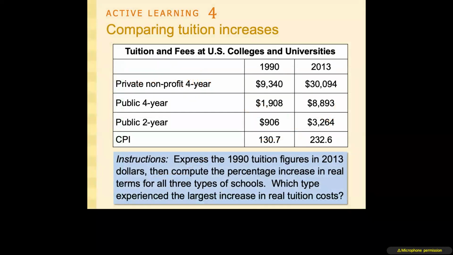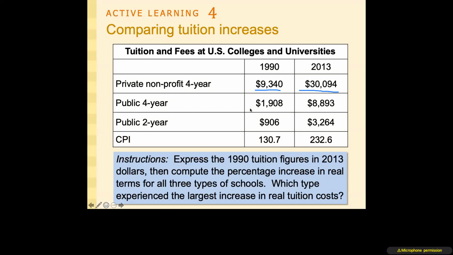So let's compare this for tuition. Oh, it's a subject we all love. In 1960, a private nonprofit four-year college cost $9,340. In 2013, it was approximately $30,000.